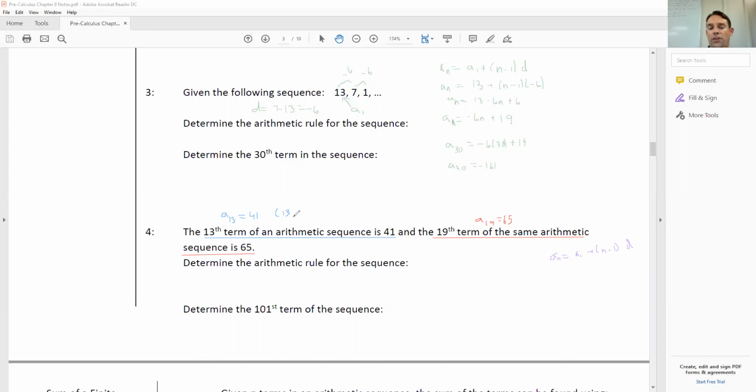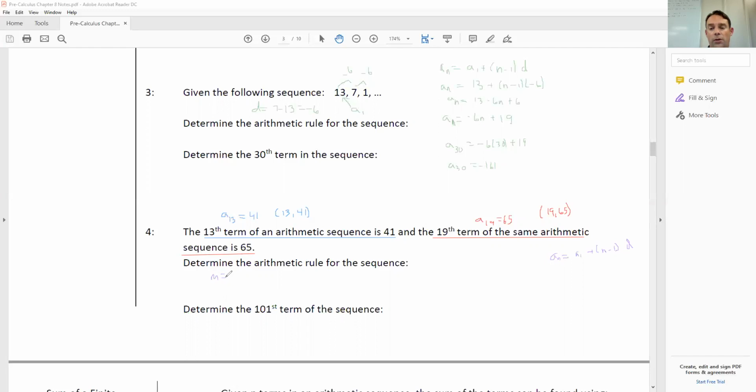Remember, common difference is really nothing more than slope, so I should be able to find the slope of these 2 points to figure out what my common difference would be. So let's do that.